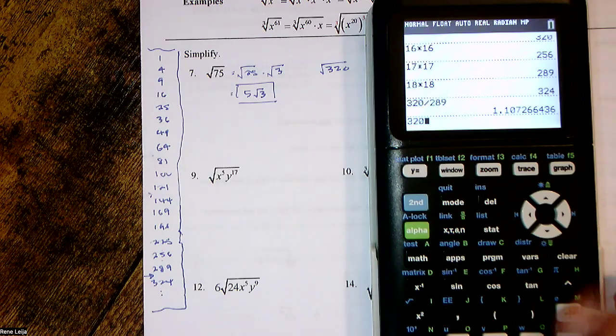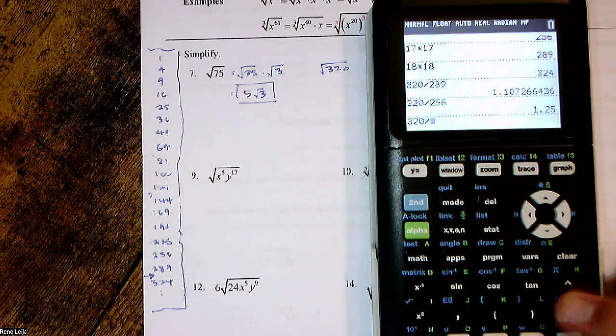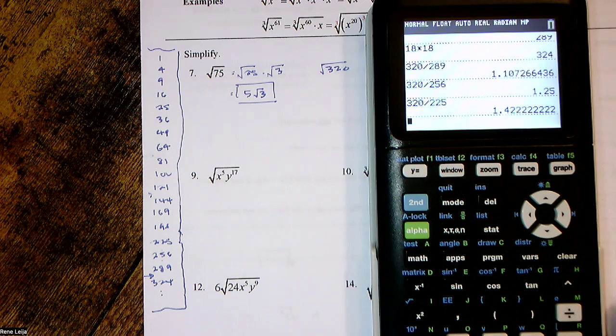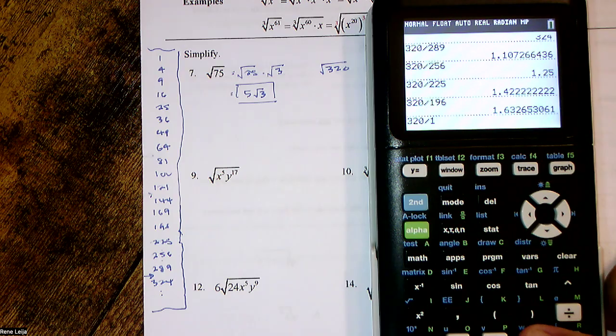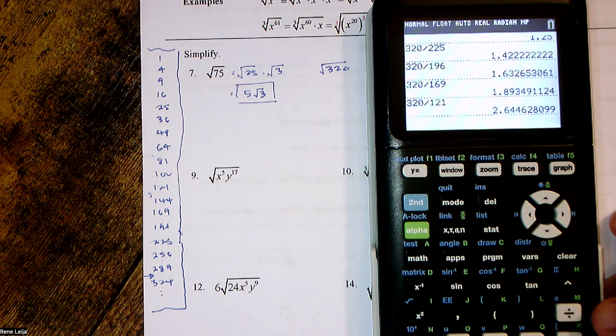No. 320 divided by 256. Nope. 320 divided by 225. Nope. 320 divided by 196. Nope. 320 divided by 169. Nope. 320 divided by 121. Nope.